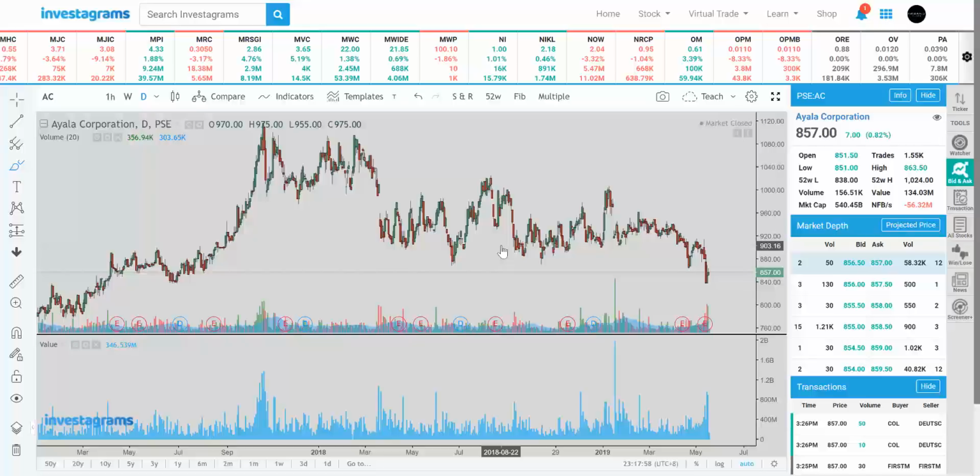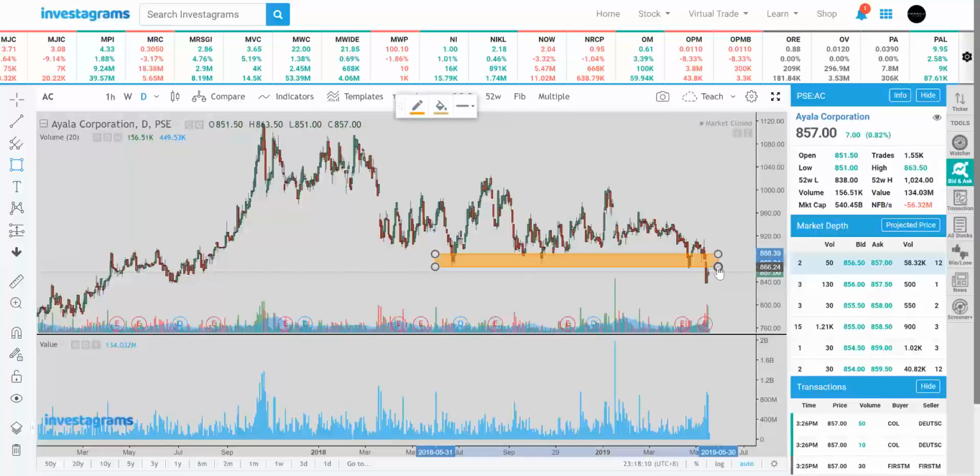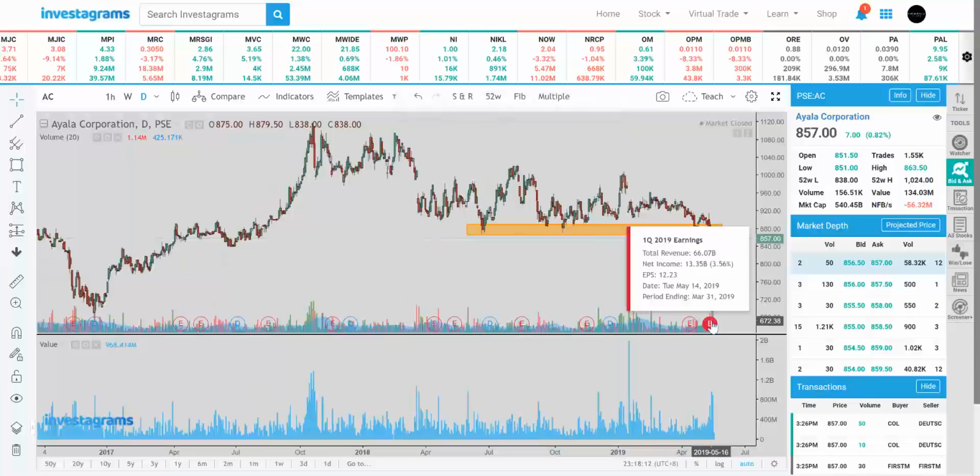So value is just the weight, the degree of money that accompanies a price movement. Okay, so in this case, it's a short-term breakdown, and earnings are 3%, not that interesting. Last year was 10%.